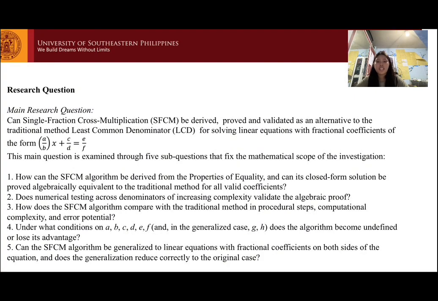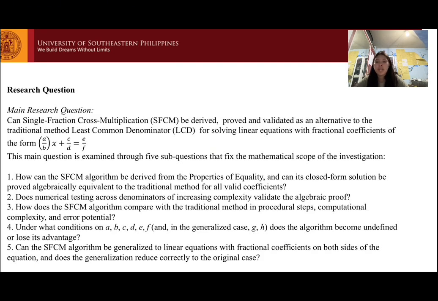So first, we investigated whether the algorithm can be derived directly from the properties of equality, and whether its closed form solution is algebraically equivalent to the traditional LCD method. Second, we asked whether numerical testing using equations with different denominator complexities supports the algebraic proof.